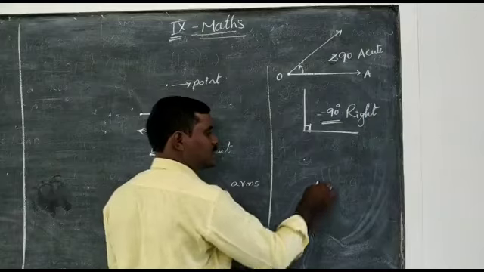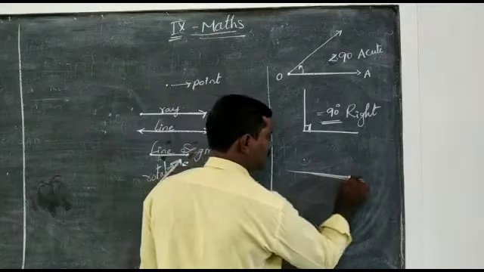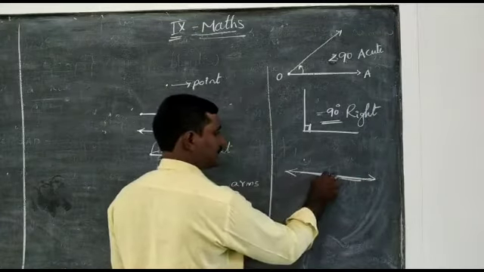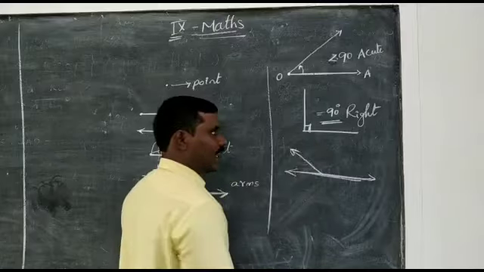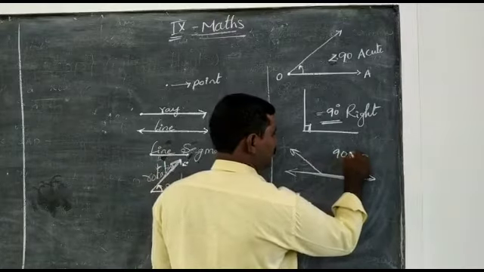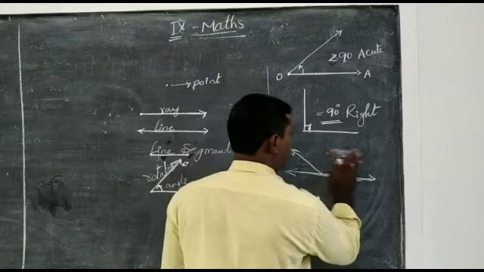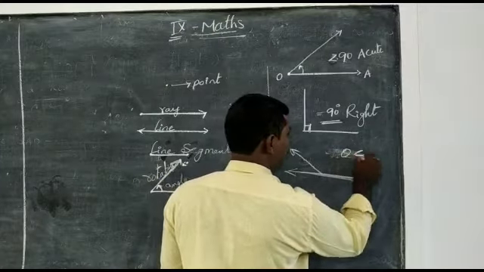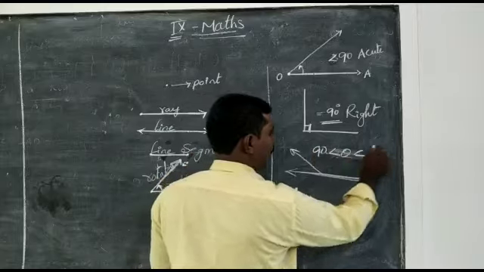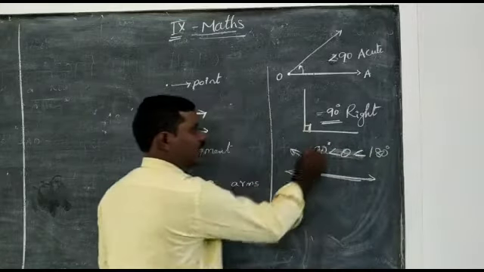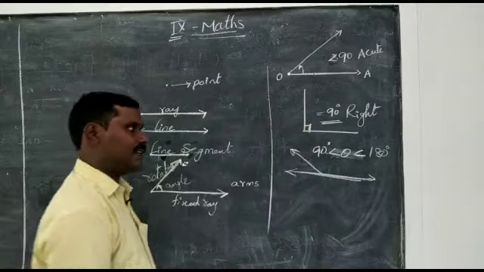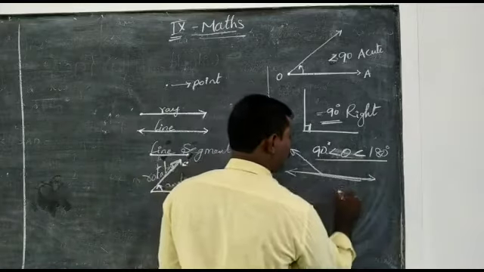And if the angle is more than 90 and less than 180 degrees, it is called the obtuse angle.